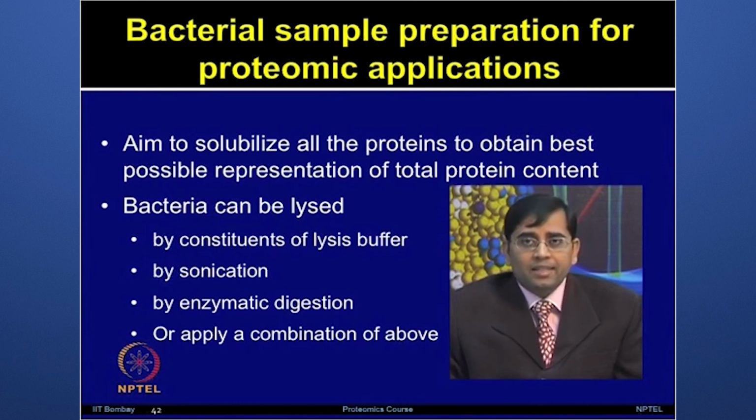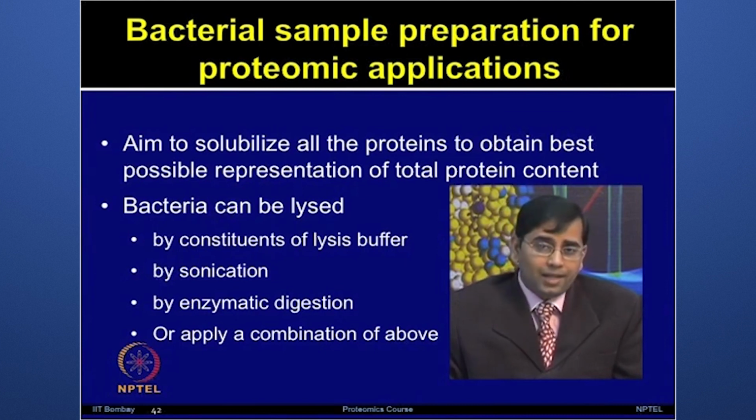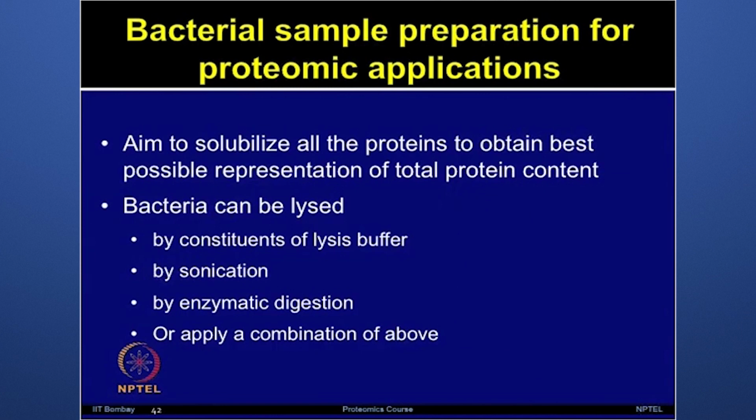Now, bacterial lysis is often very challenging for different types of bacteria, but people have tried different lysis methods. Constituents of lysis buffer can be used for lysis. Sonication is very efficient. People have also used enzymatic digestion methods, as well as sometimes a combination of these methods, for bacterial lysis.